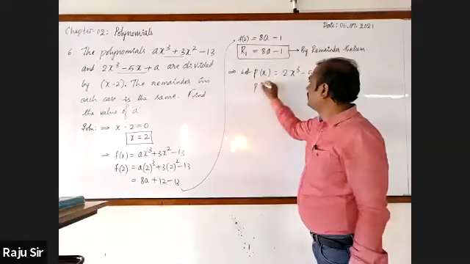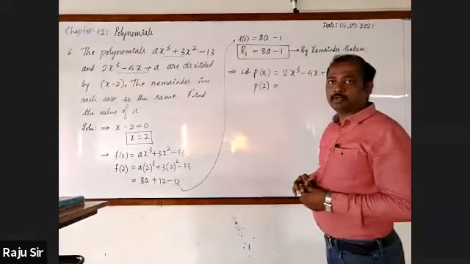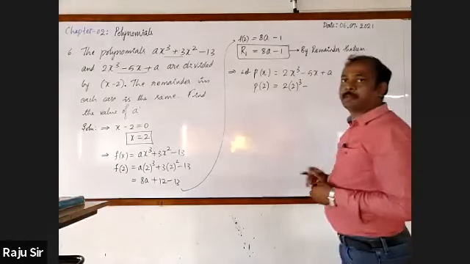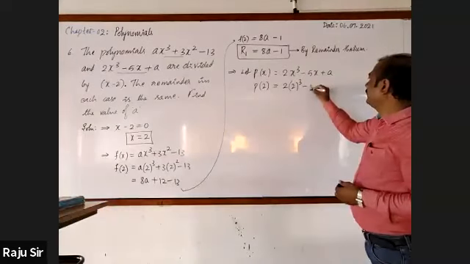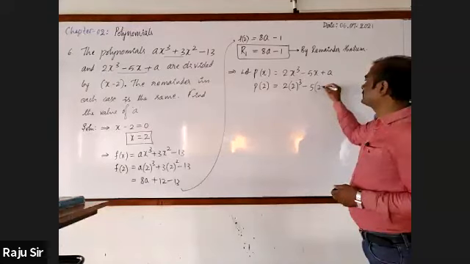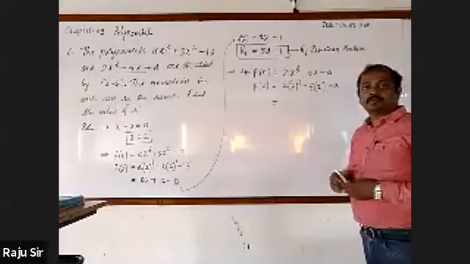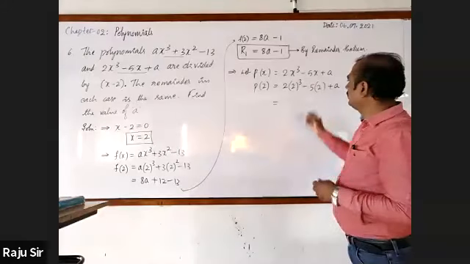So p of 2 is equal to 2 into 2 whole cube minus 5 into 2 plus a. Let's go for simplifying each term.